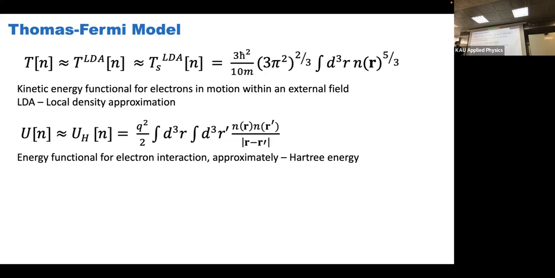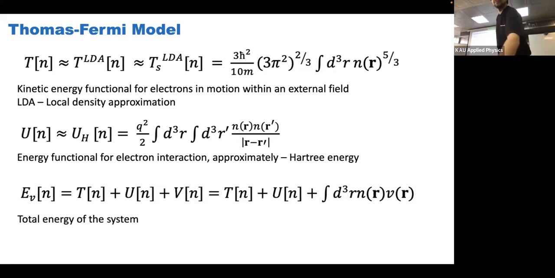So in the Thomas-Fermi model, we have the energy. We have kinetic energy, which we approach by this single particle local density approximation. Then we have Hartree energy, electron Coulomb interaction, and we have some external potential. And I told you about this external potential when I stated the problem of this uniform electron gas.